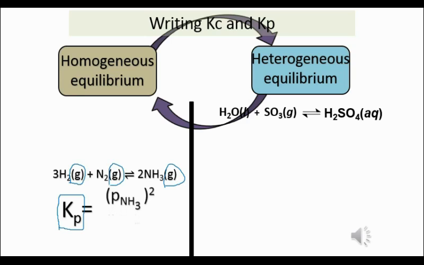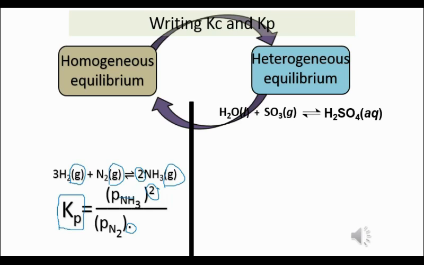As we looked at in the previous slide, the equilibrium constant is equal to the concentration of the product over the concentration of the reactant. In this case, we will use partial pressure. So we have the partial pressure of NH3, and NH3 has 2 as its coefficient, so we raise ammonia to the power of 2 here.